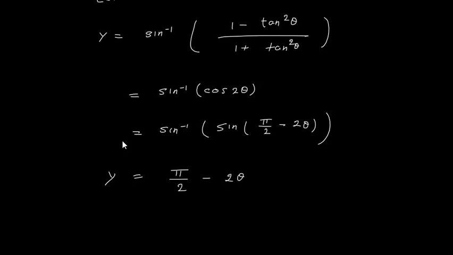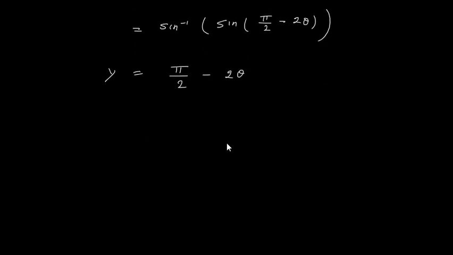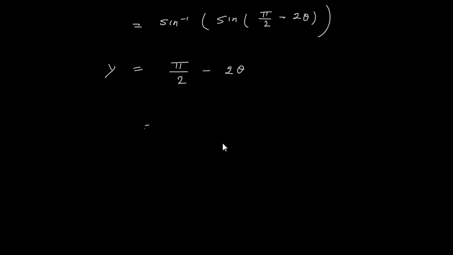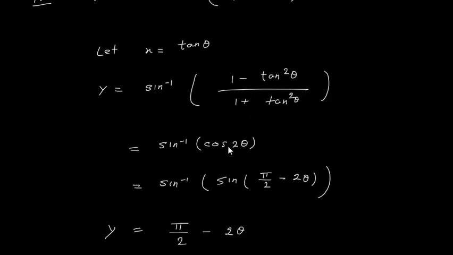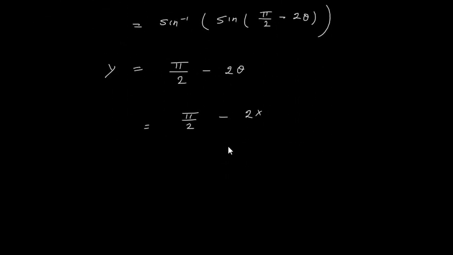This is the value of y. So I will further simplify it. Now theta I will write as tan inverse x. So here y is pi by 2 minus 2 into tan inverse x.